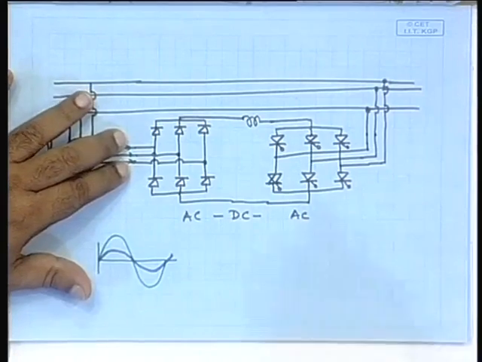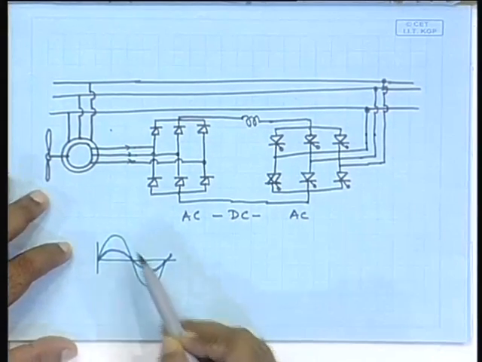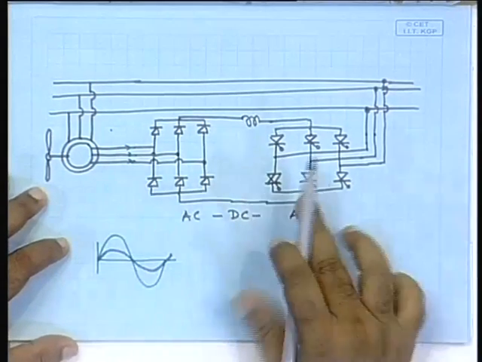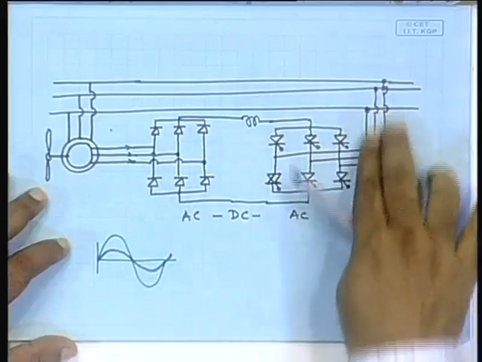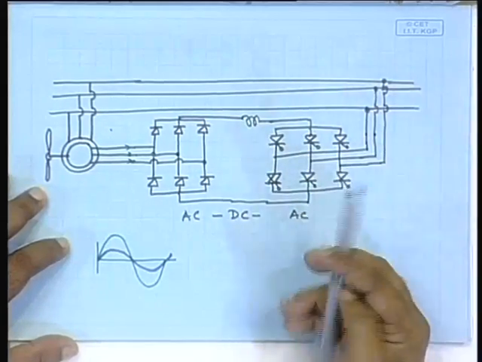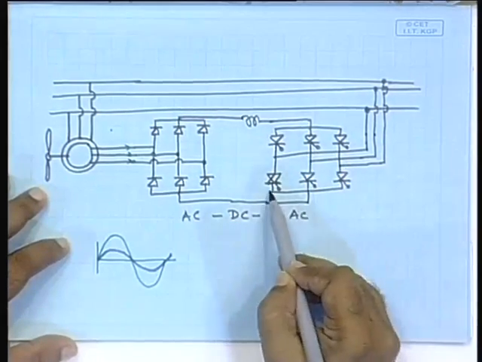It can be done, because the amount of resistance seen by it depends on the amount of current flowing through it, and the amount of current flowing through it depends on the amount of current being pushed into this side, and that can be controlled by controlling these firings.